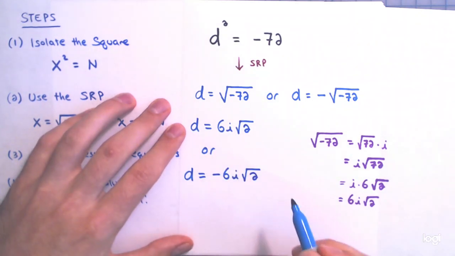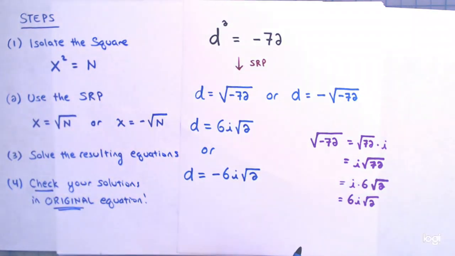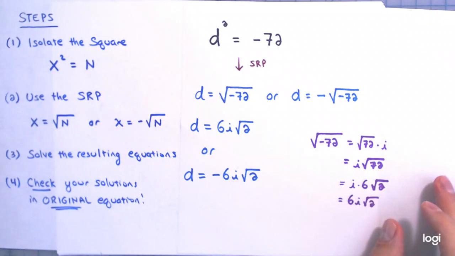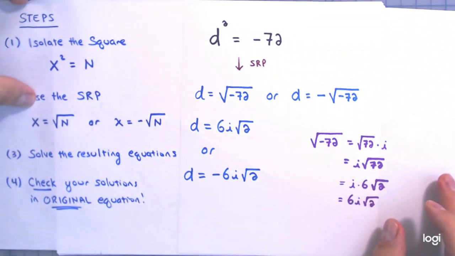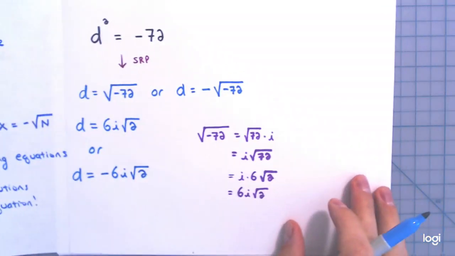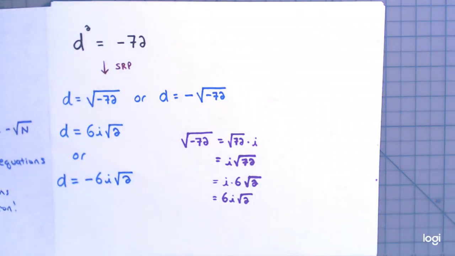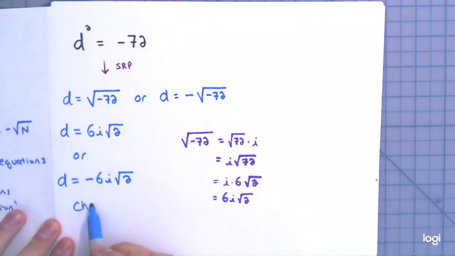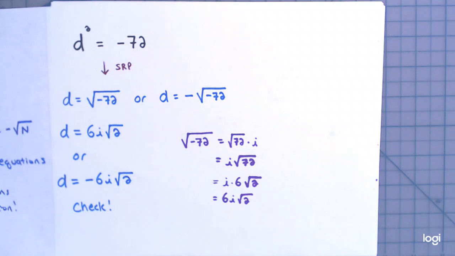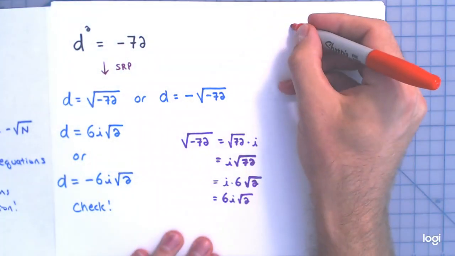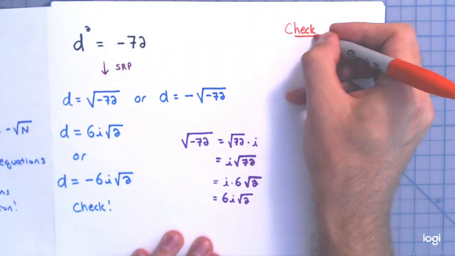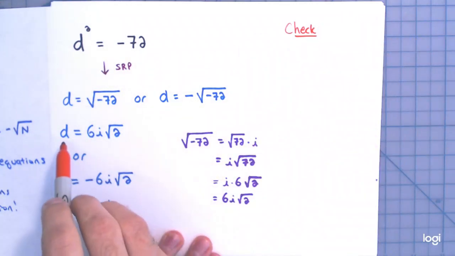-6 times I times the square root of 2. All right, and let's check these. I'm going to check off to the side. I'll just check one of them, and they both will work. But don't forget to check your solutions. So off to the side, let's check the first one.